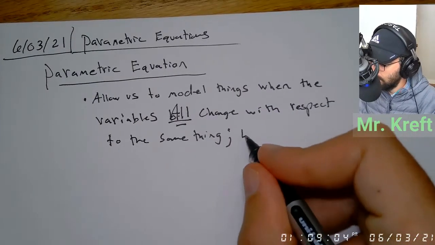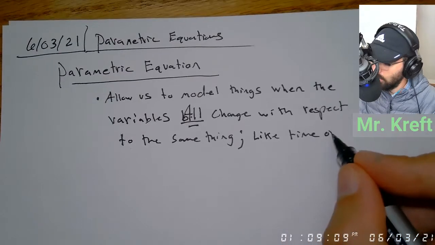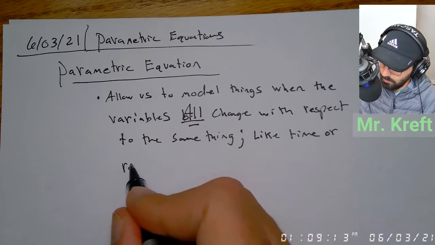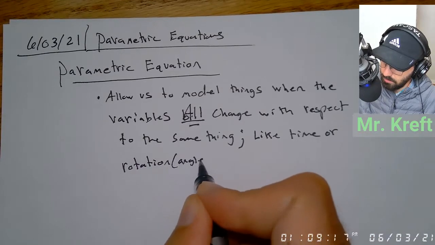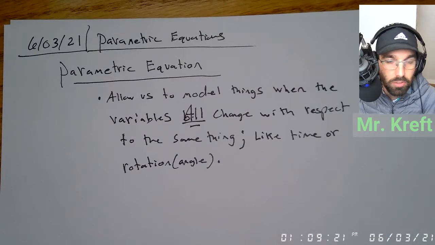So this could be like time or rotation, right, which is an angle. Okay, so that's what a parametric equation is.